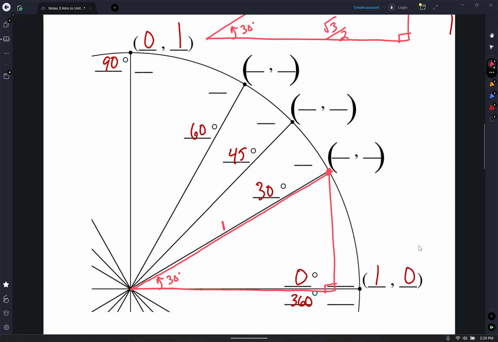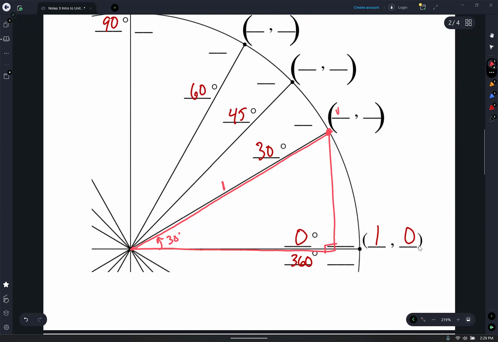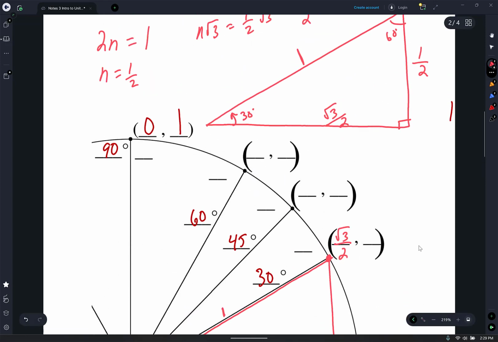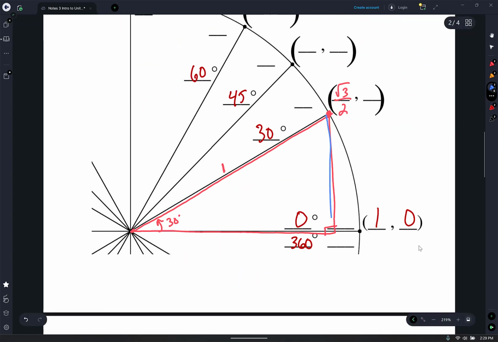What do you think that x coordinate is? It's the same triangle. Yeah, square root of 3 over 2. That's where it came from. It came from that right triangle. What is the vertical displacement? What is this distance here? Yeah, 1/2. So that means this is 1/2, and that's a y value, so that's a half. See?